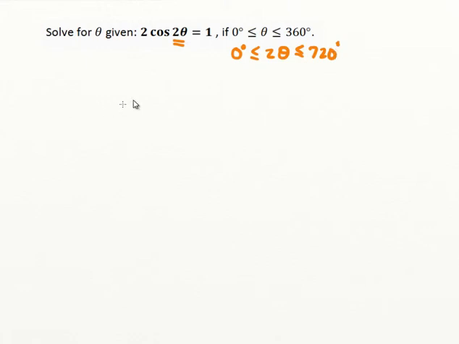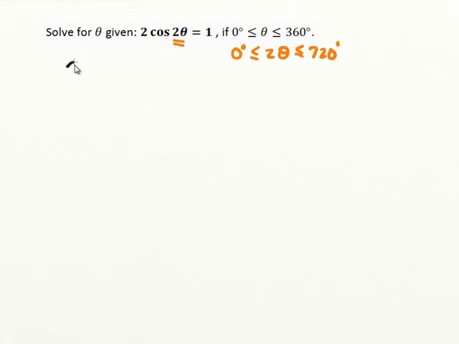Okay, well, how do we solve this? Well, notice that in this case, there is no squared. There's no quadratic. So I don't need to gather everything over to one side and then use skills like factoring or the quadratic formula. I'm just going to solve straight away for 2 theta.